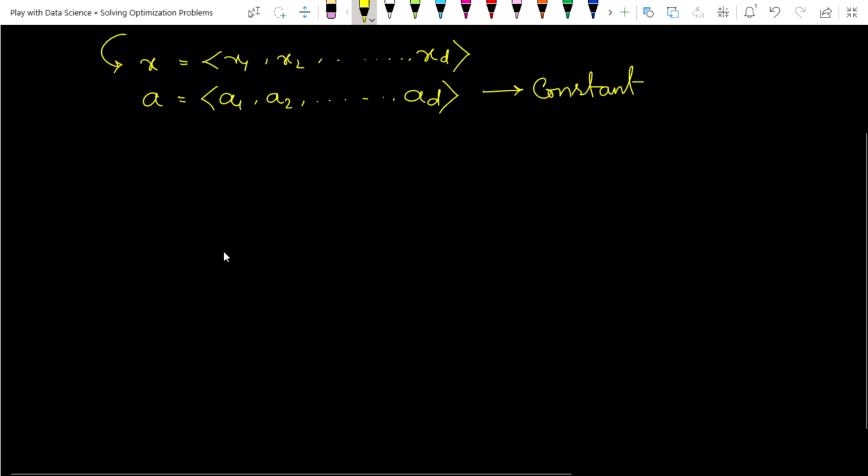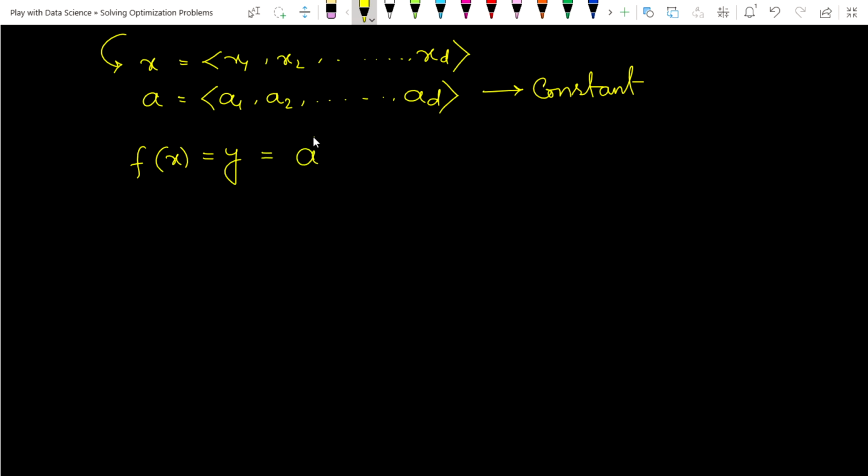Now the main thing is, if we multiply these two, suppose we are considering a function f of x equals y, which is simply a transpose x. What does this mean? If we use the dot product between the two vectors, it means the summation over i equals 1 to d of ai xi.